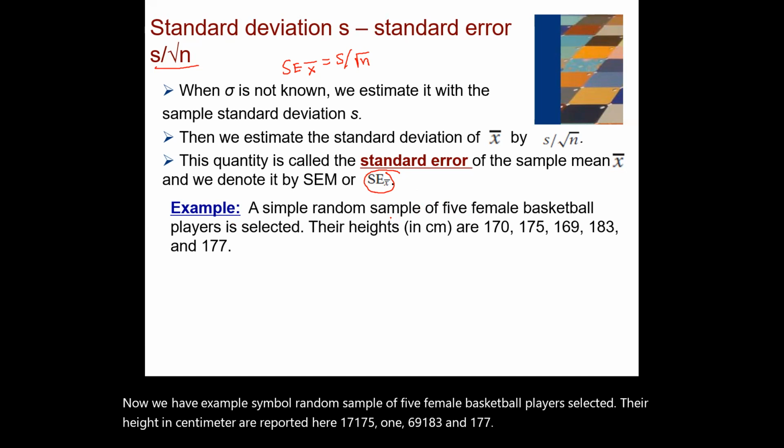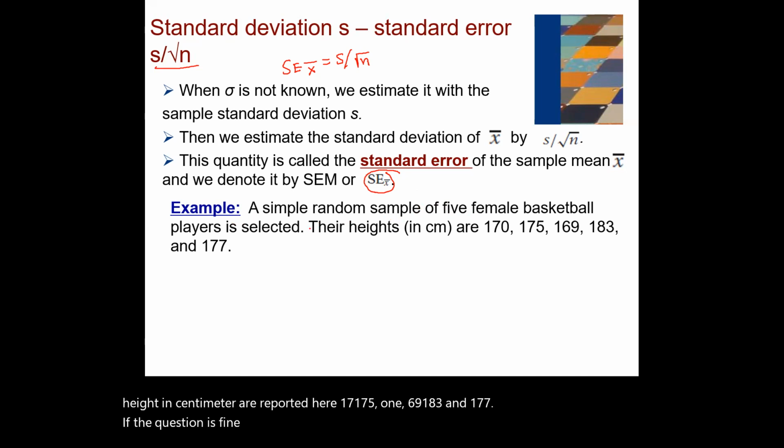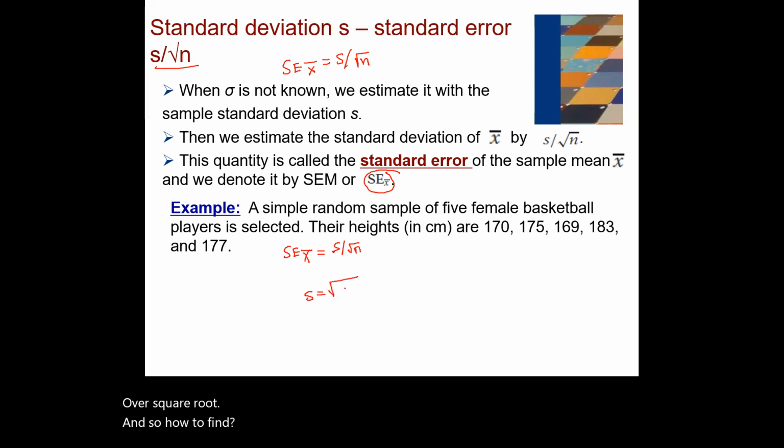The question is to find the standard error of x bar, which is s over square root n. So how to find s? S is the square root of s square. S square is the variance. S is the standard deviation of the sample.